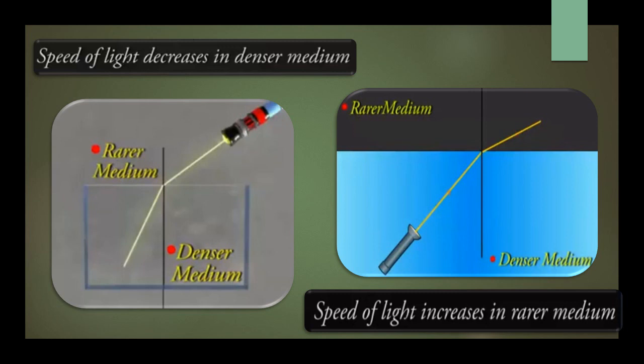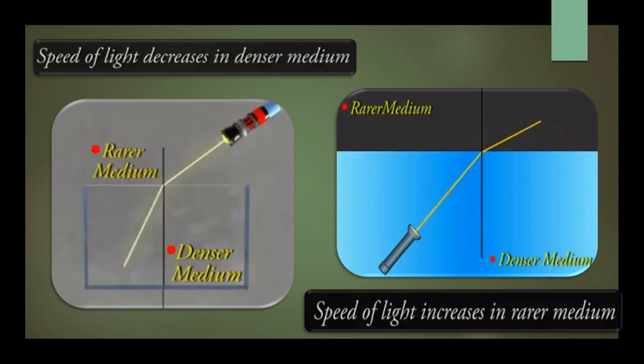At the interface boundary, you are observing that a bend is there and the light is bending from its original path. This bending shows that the speed of light is increasing in that medium, and to maintain its speed, the light has to bend more, and that is bending away from the normal.